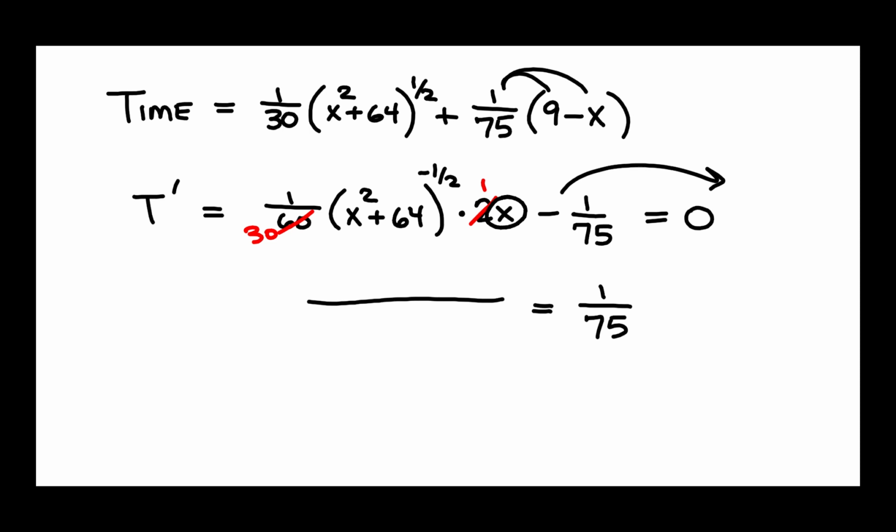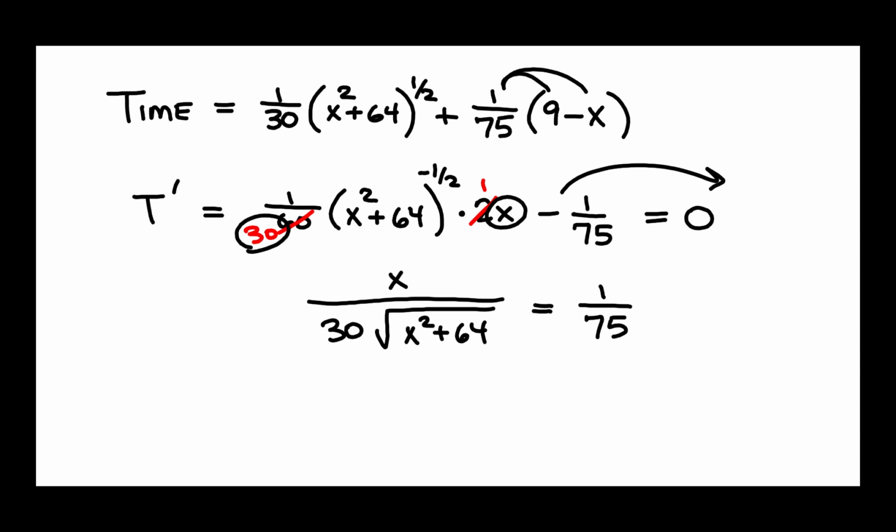So we have this x holding the fort up top in the numerator. And then in the denominator, we have 30 times the square root of x squared plus 64. And hey, algebra students, I shouldn't have to say this, but that's not x plus 8. Don't be that person.